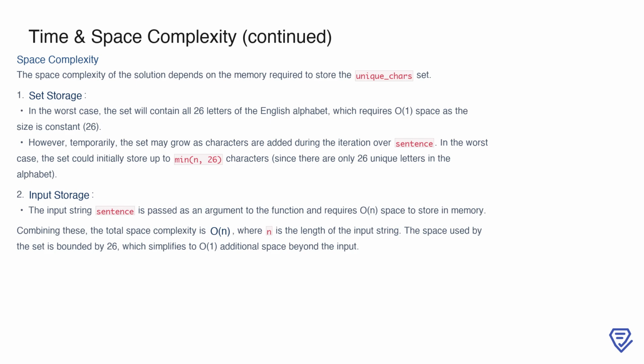In the worst case, it may store up to n or 26 characters, where n is the length of the input string. Additionally, the input string sentence itself requires O(n) space to store in memory. Combining these factors, the total space complexity is O(n), with the input size being the dominant factor and the set contributing only a constant amount of additional space.